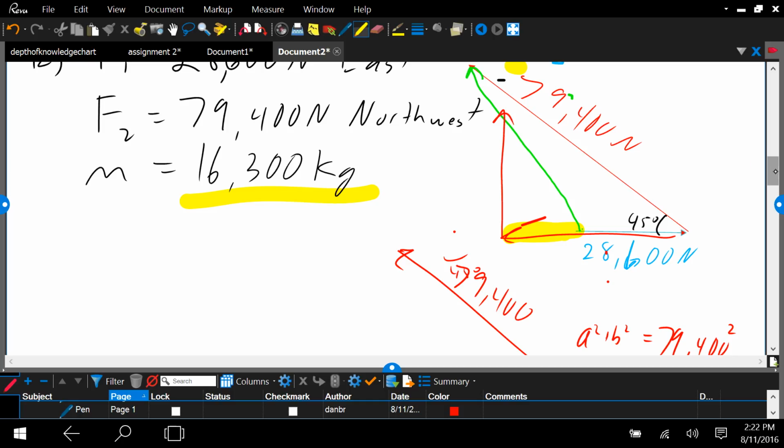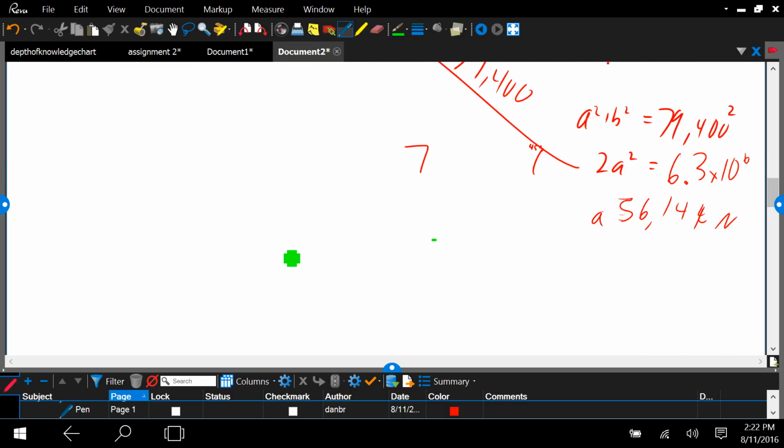vector, my green arrow. So what I want to do now is make a green triangle. So here is my green arrow, and I don't know how long it is. I do know something about the two sides of it. This side right here, that must be 56,144 newtons. It is one of the legs of my right triangle from the 79,400.